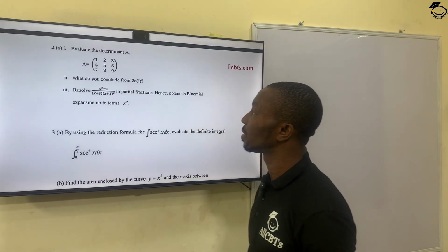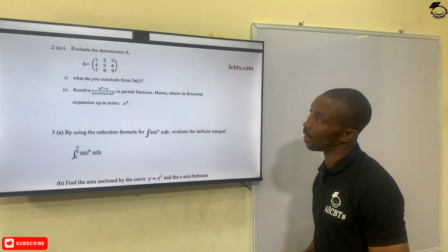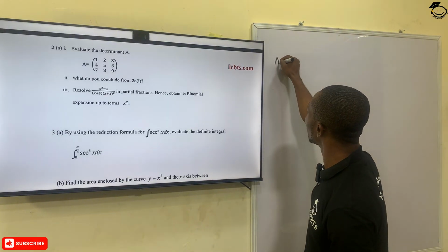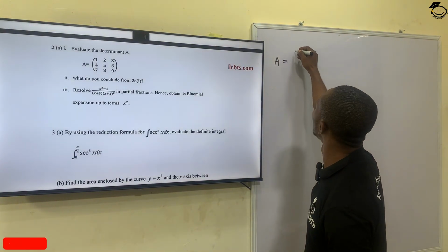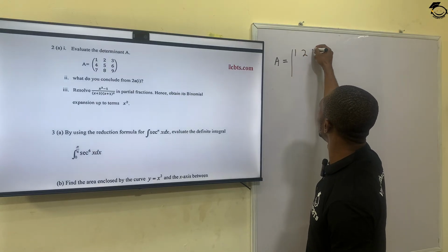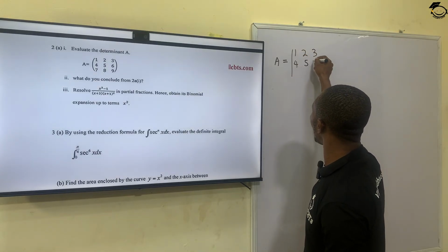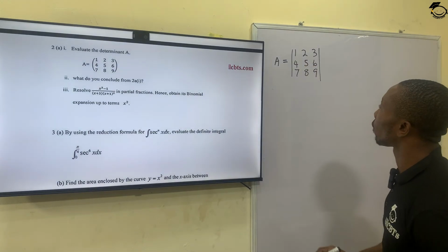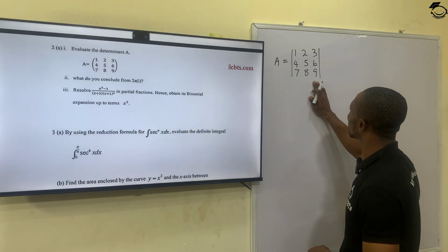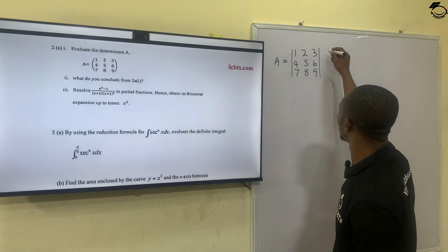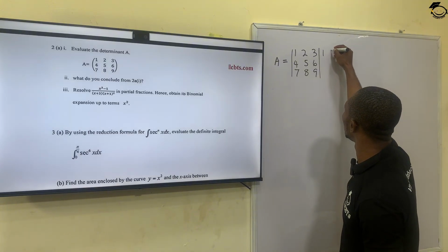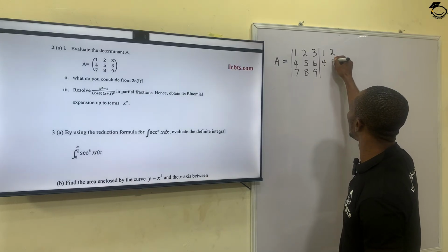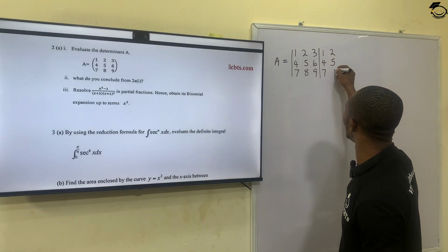Our next question says, evaluate the determinant of A. Now, matrix A equals 1, 2, 3, 4, 5, 6, 7, 8, 9. All right. Now, for us to find the determinant of this 3 by 3 matrix, let's extend this as 1, 2, 4, 5, and 7, 8.